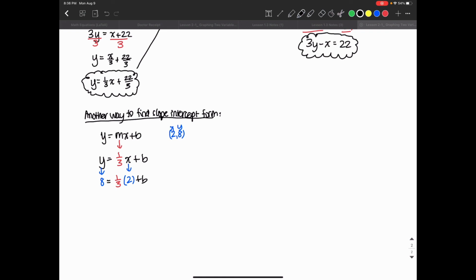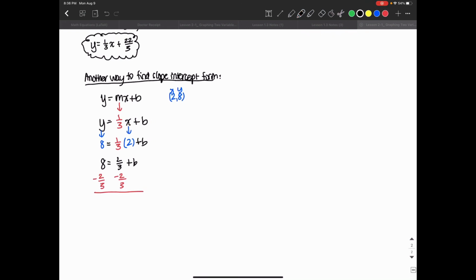First thing I do is clean this up on the right-hand side. 1/3 times 2 is 2/3 plus b. Then I just subtract 2/3 on both sides, and I have 8 minus 2/3 is equal to b.